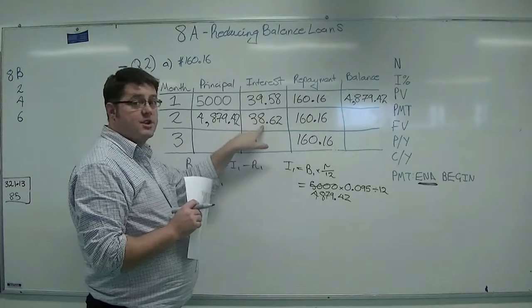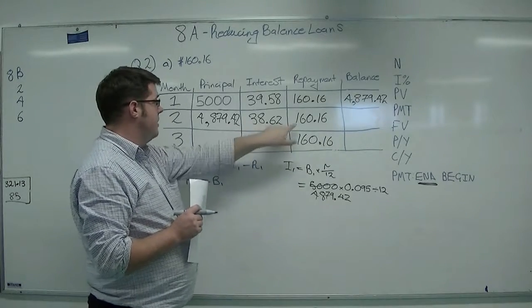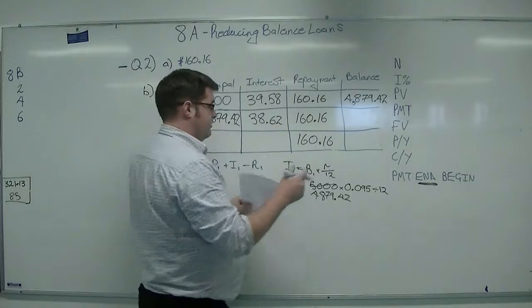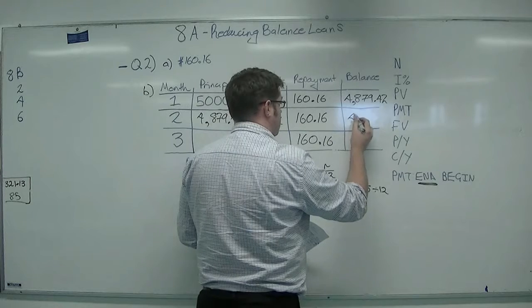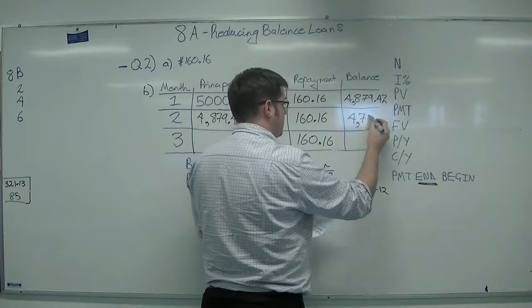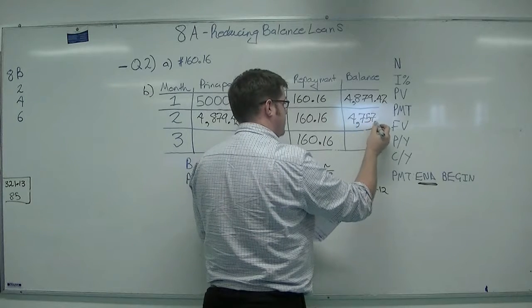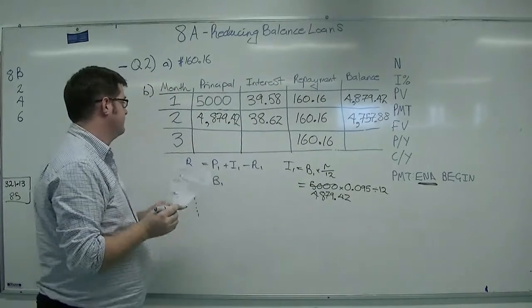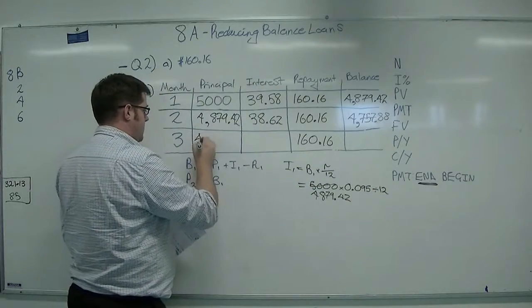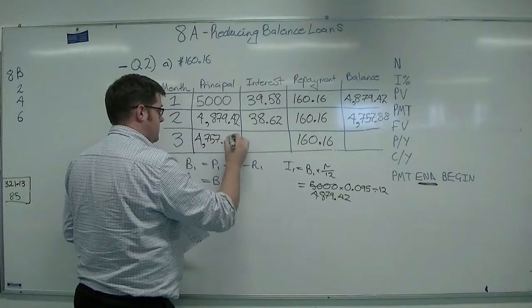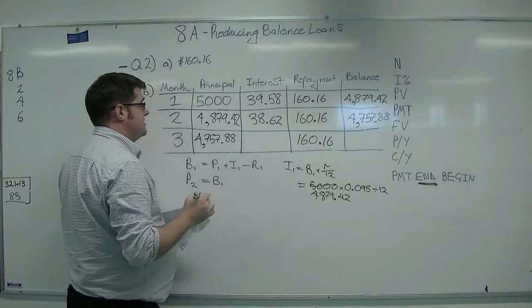Now using this same equation over here, we plug these numbers in, so it's the principal plus the interest, because this is going to be how much interest we owe the bank for that particular month, minus whatever we're going to be repaying, we'll come to the balance, which will be $4,757.88. Once again, repeating, $4,757.88.